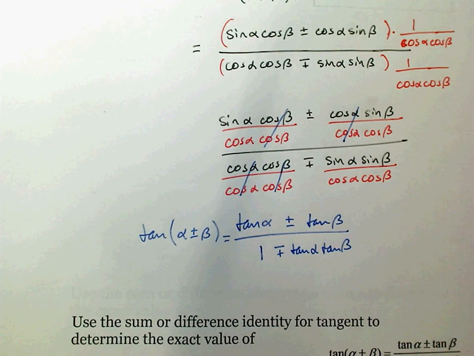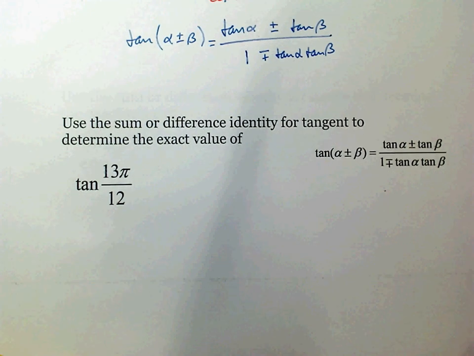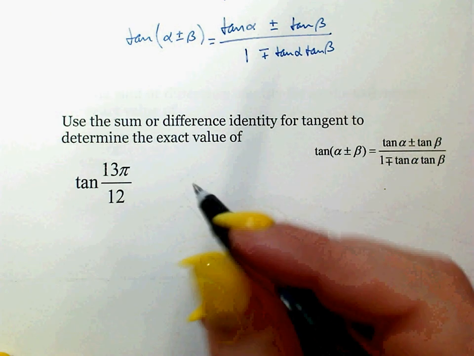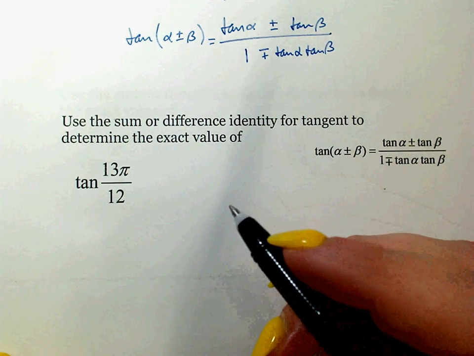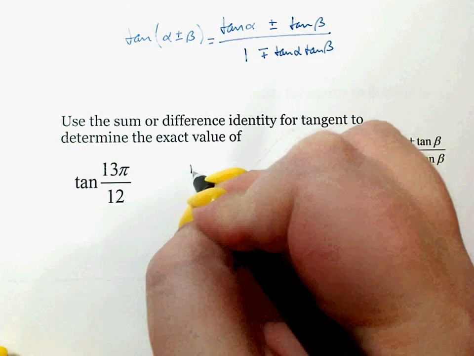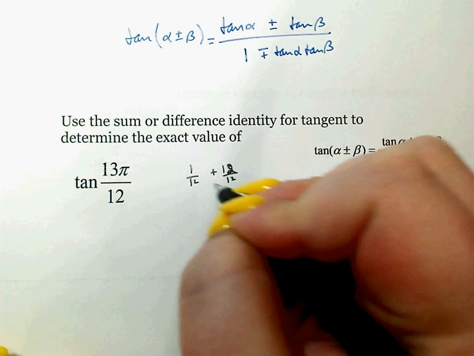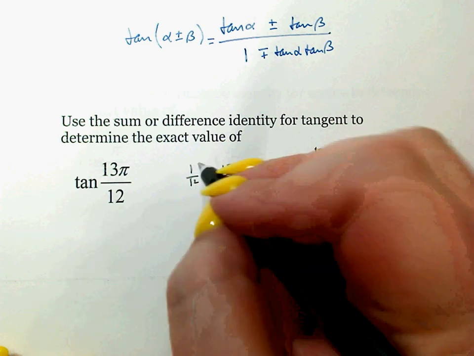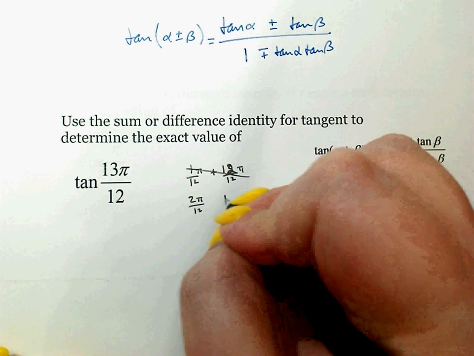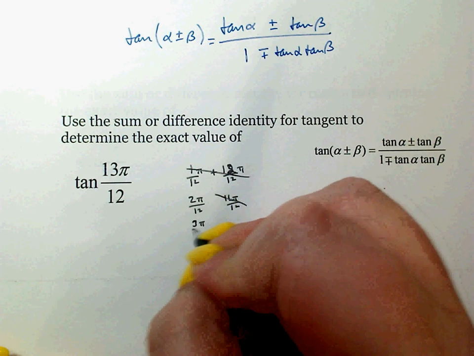And here we go. I'm going to use that formula to determine what tangent of 13 pi over 12 is equivalent to. So remember, first off, I need to come up with two angles that add up to 13 pi over 12 that I can simplify. When I think about numbers that add up to 13, I get 1 12th plus 12 12ths. I know what 12 12ths is, pi, but I don't know what 1 12th pi is, so I can't use that one. 2 12ths and 11 12ths, that's a no. 3 12ths plus 10 12ths.